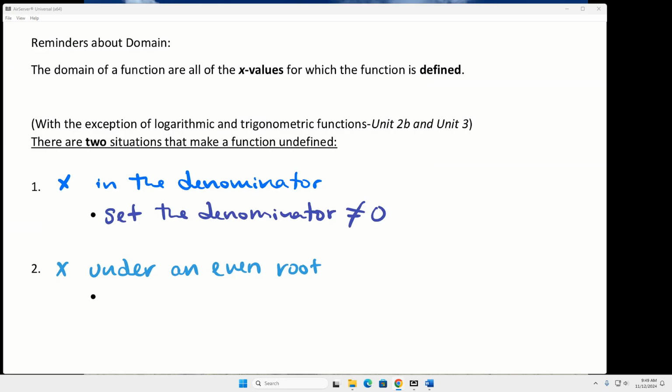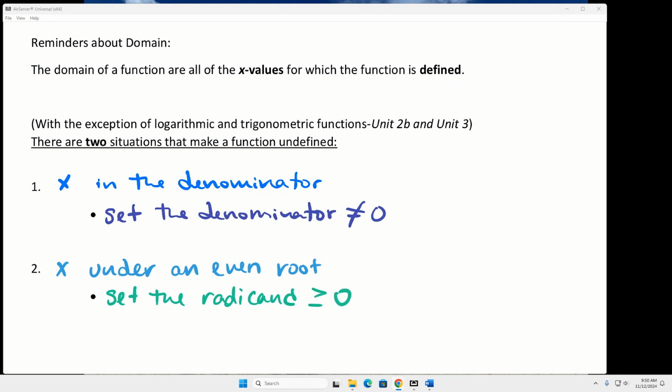All right, now these are varying levels of difficulty. We're going to do some of these that are pretty challenging, but don't be surprised if, like, on the exam, it's one that's easier than what we're doing. So if you want to find the domain and you have an x under an even root, you're going to set the radicand, which is what's underneath the radical, greater than or equal to 0.